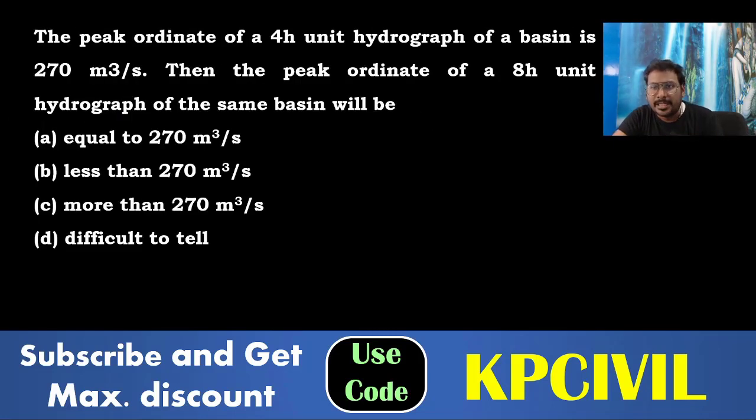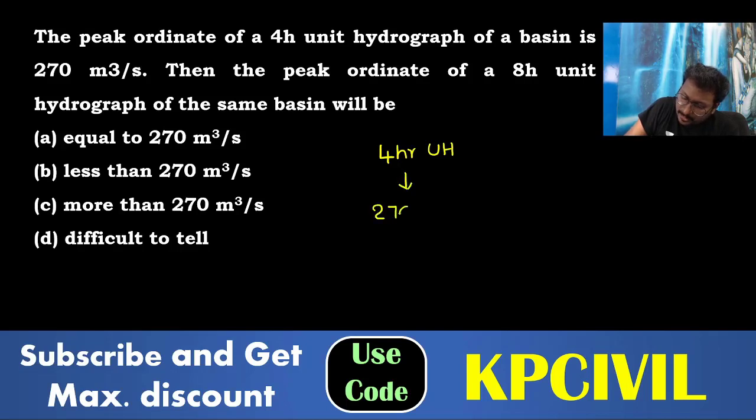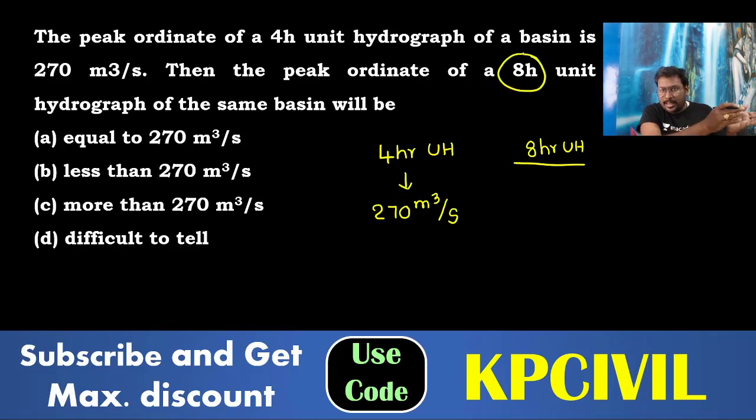The P coordinate of 4-hour unit hydrograph is 270 meter cube per second. Then P coordinate of 8-hour UH? Already we have completed one model, 3-hour to 6-hour. Now 4-hour to 8-hour.